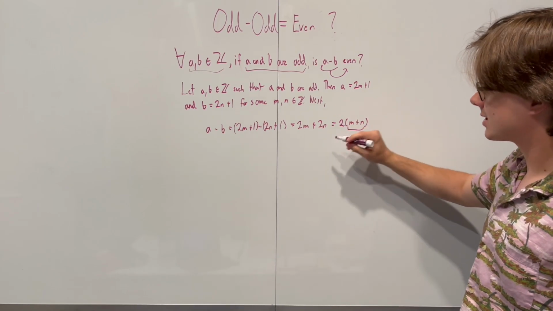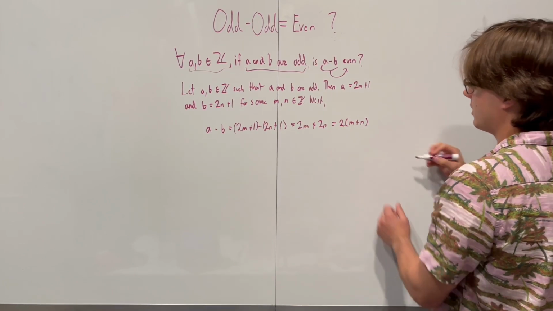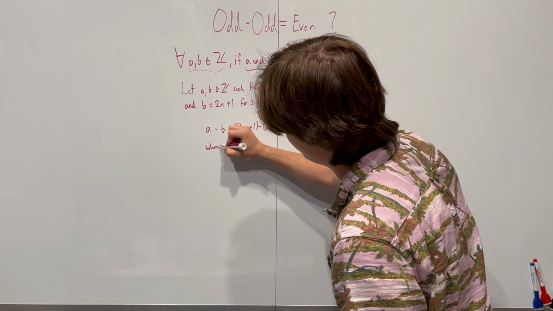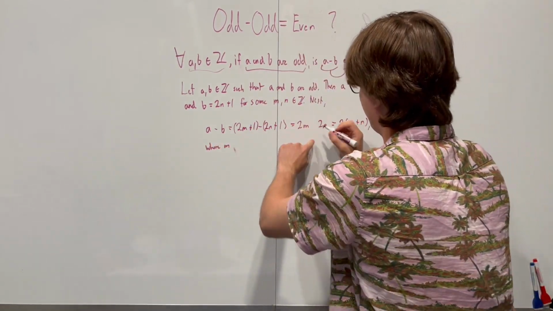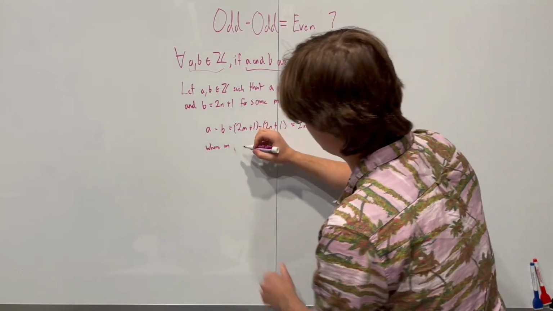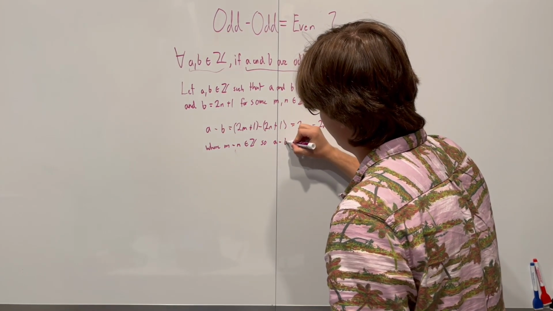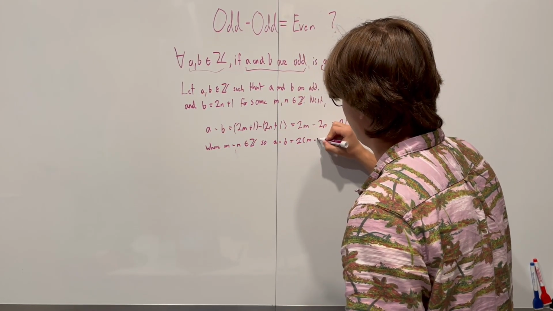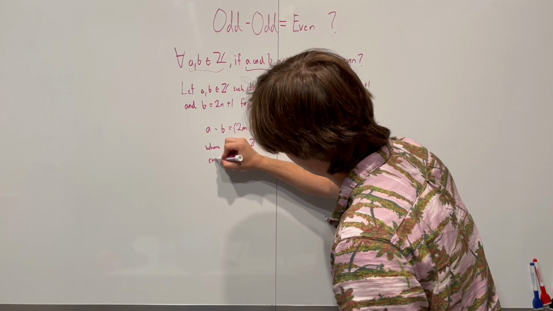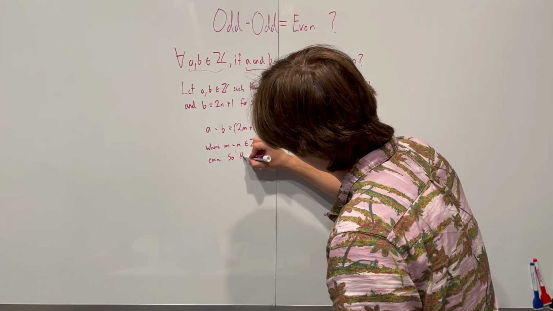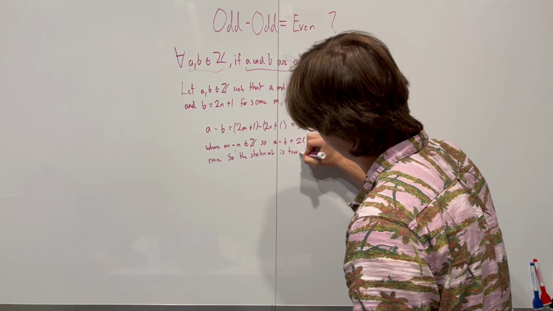What does this look like? This looks like 2 times some sort of integer, which means that this is in the form of an even integer, so we can then clearly state where m plus, oh, I'm so sorry, this is a negative down here, okay? m minus n is an integer, so a minus b is equal to 2 times m minus n makes a minus b even, so the statement is true.